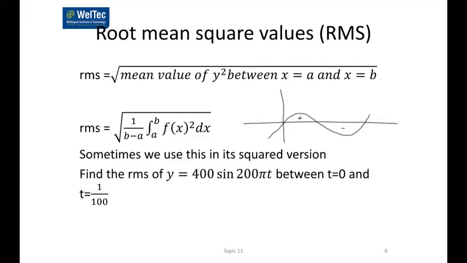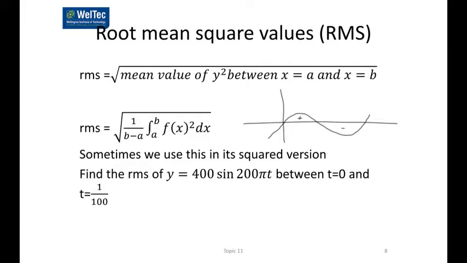So what we do is we use a statistical technique here where we take the squares, which means we're changing the negative bits into positive bits, and then we take the square root of all of that.